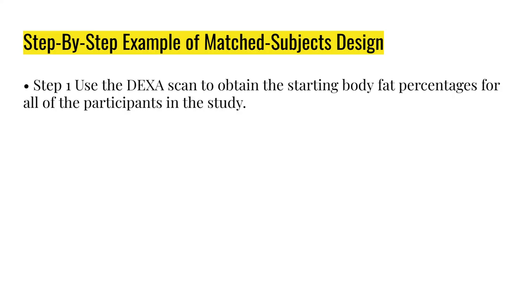So, step one, I might use the DEXA scan to obtain the starting body fat percentage for all the participants in the study. So DEXA scans are actually something they can do in the Student Rec Center. They check body fat percentage, muscle mass, bone density, water, and it's kind of like a big fancy X-ray that gets all of these different composite scores for your body.